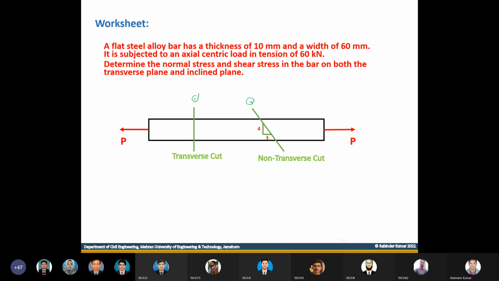And tell me the answers. The force is given to you, cross-sectional area is given to you, you just need to divide it, that's it. So find the value of normal and shear stress.